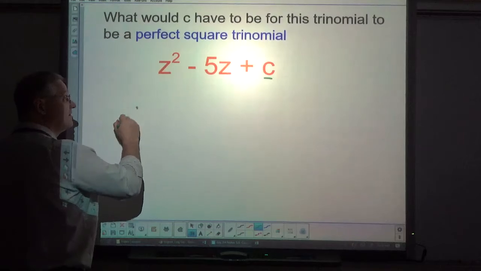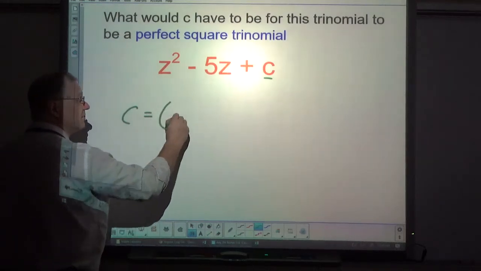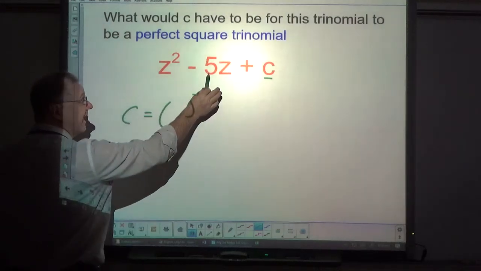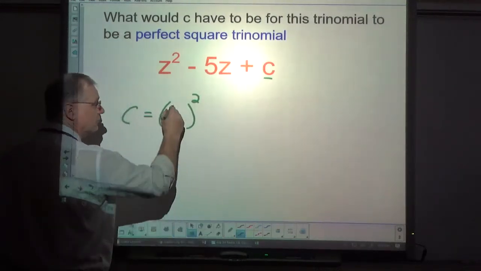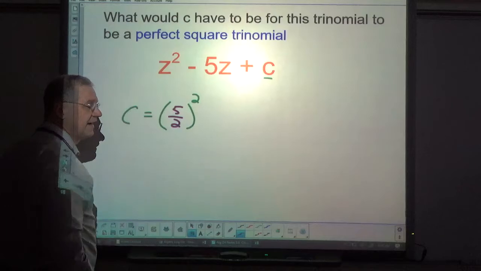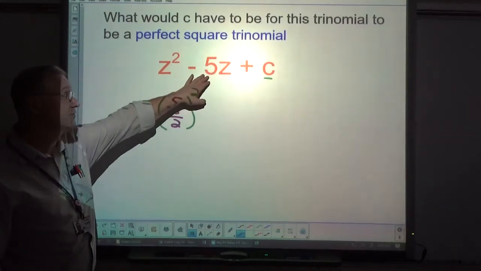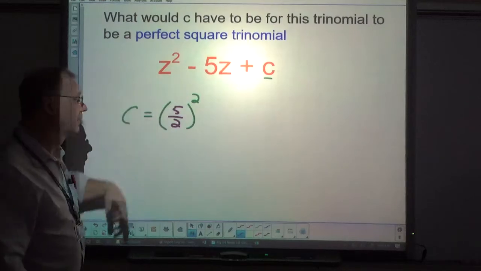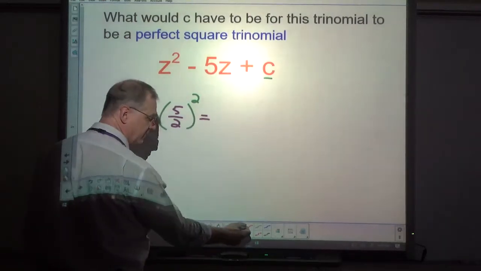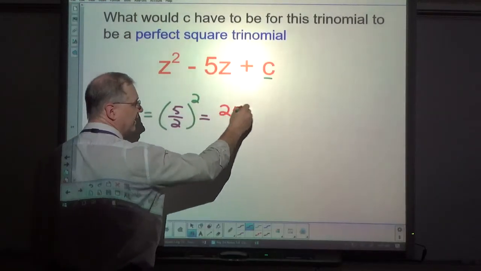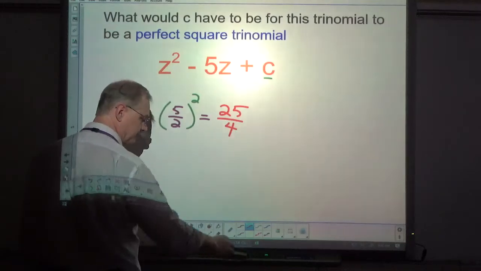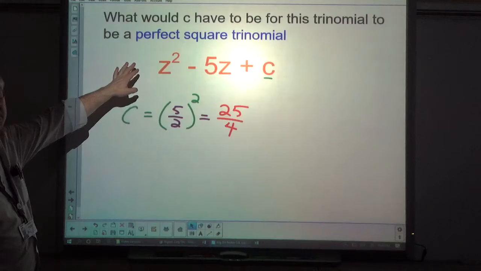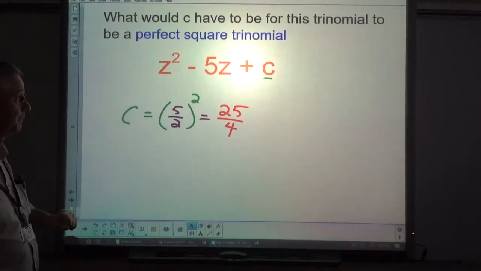So C would have to equal something squared, and that something is half of 5. So half of 5, because we're cutting this coefficient in half, but we're not including its sign. And we know that would equal 25 over 4. That's what C would have to equal for this to be a perfect square trinomial.